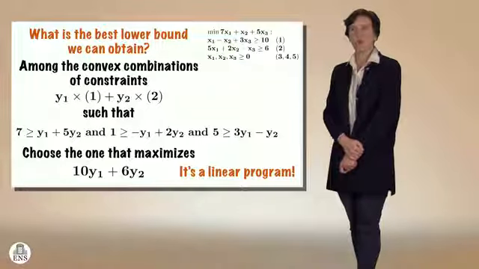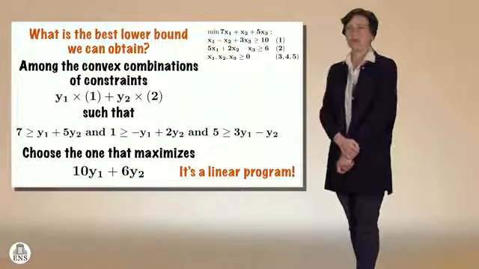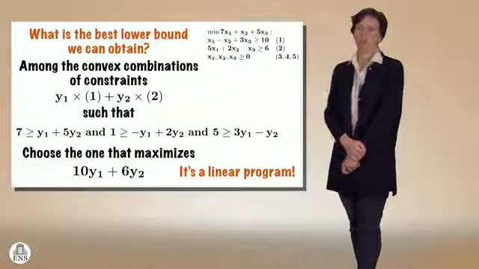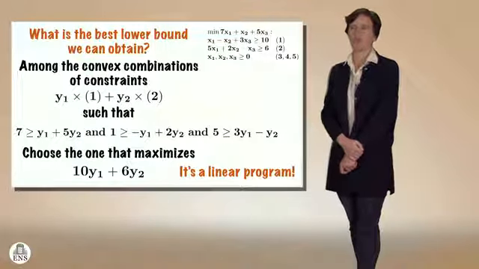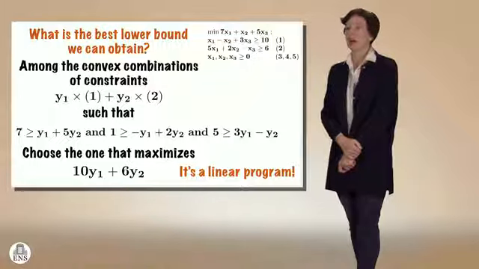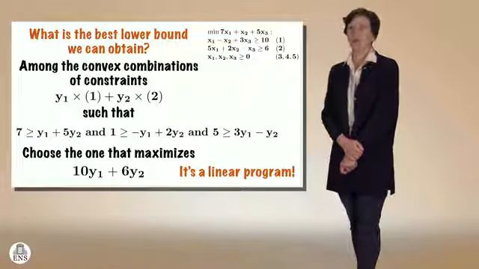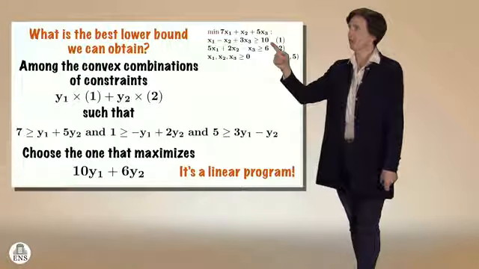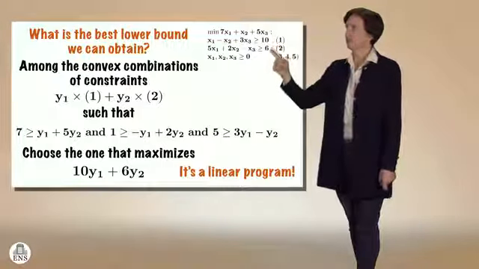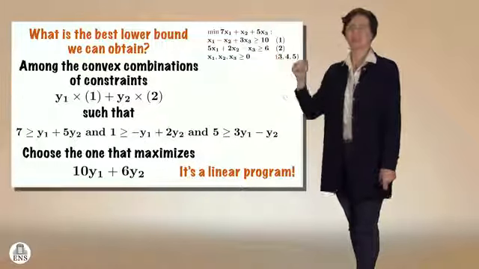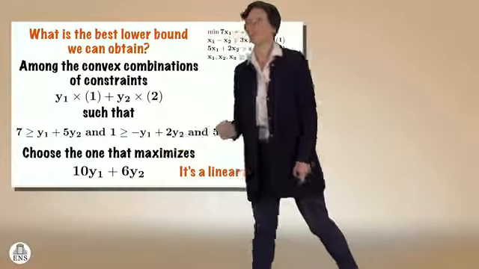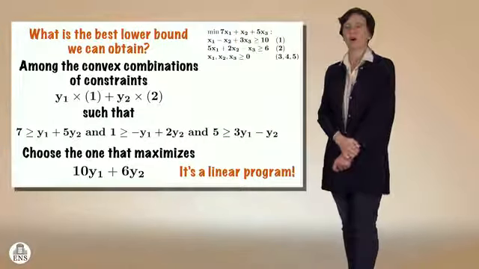Our coefficient is y1 plus 5y2. If 7 is greater than or equal to y1 plus 5y2, and the corresponding conditions for the coefficient of x2 and for the coefficient of x3, then our lower bound is, let's see, the right-hand side has a 10 times y1, and then for the second constraint, a 6 times y2. 10 y1 plus 6 y2. That's our new lower bound on opt.